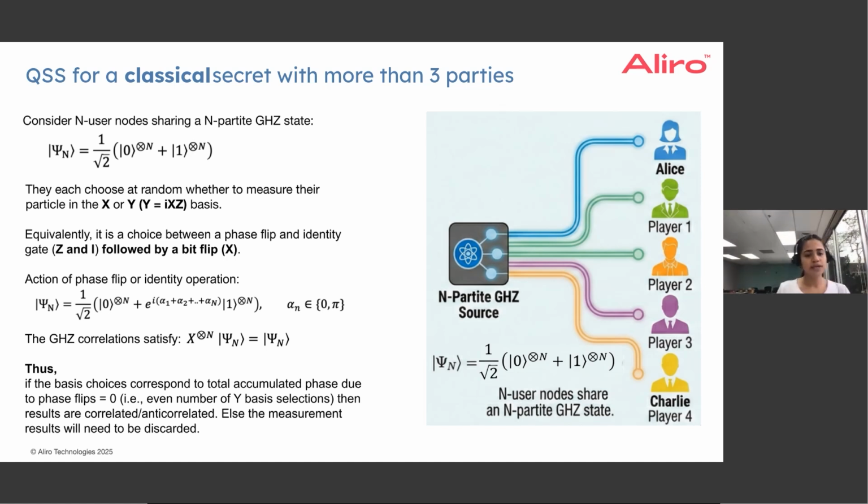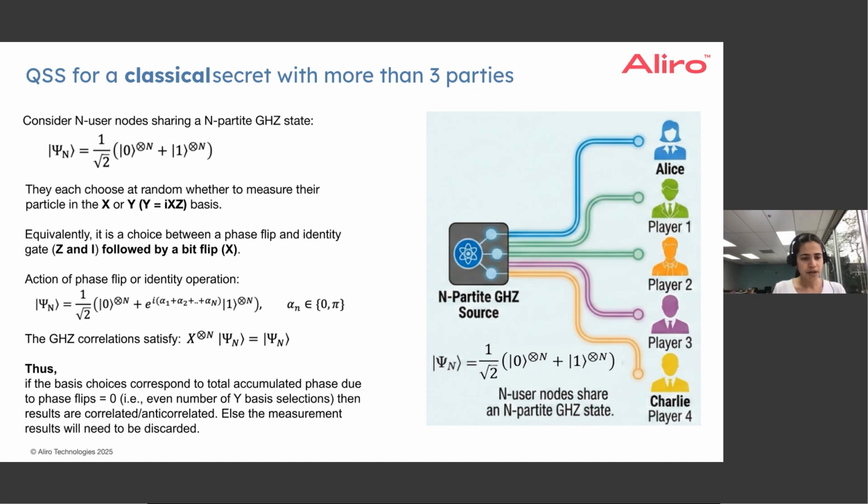Specifically, we can understand that only when we have an even number of phase flip operations applied can we be certain that the same state is recovered, because an even number of phase flips means that the phase is a multiple of 2 pi, and you have recovered the GHZ state, and all the measurements are correlated in this case.